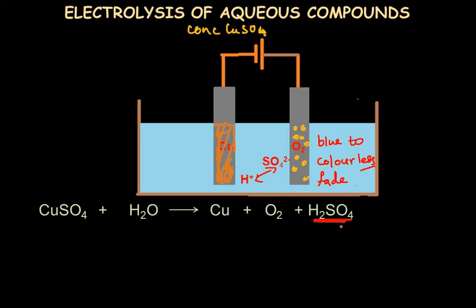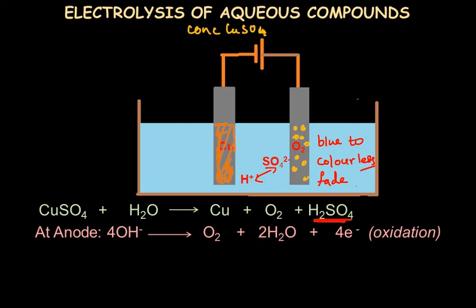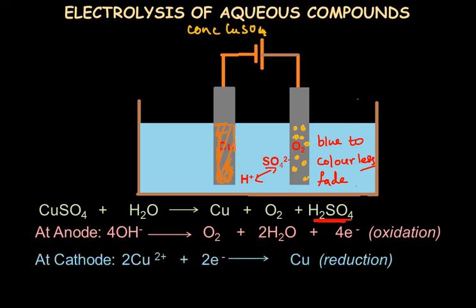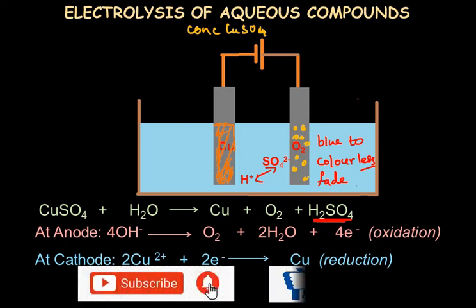So the observation can be written as the blue color changes to colorless, or the blue color fades. The half equation at the anode is hydroxide ions forming oxygen gas, and at the cathode copper metal is formed by reduction. So oxidation occurs at the anode and reduction occurs at the cathode.